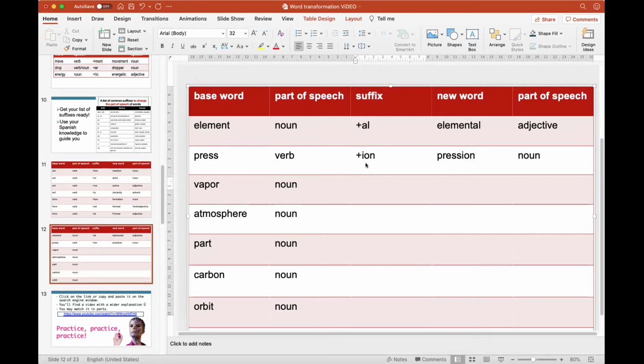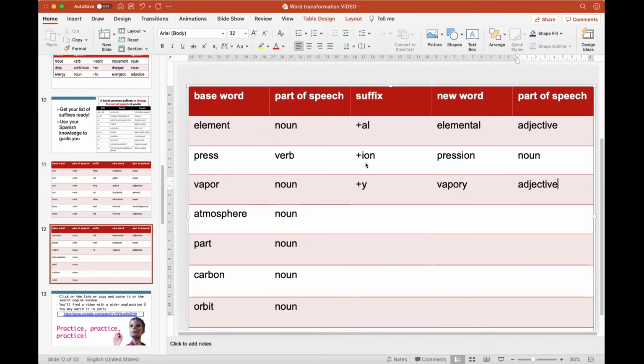Vapory. Okay, vapory, like this? Yes, yes. It's an adjective. Vaporoso, no? Adjective.